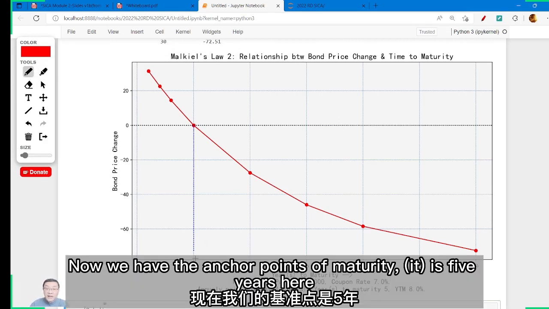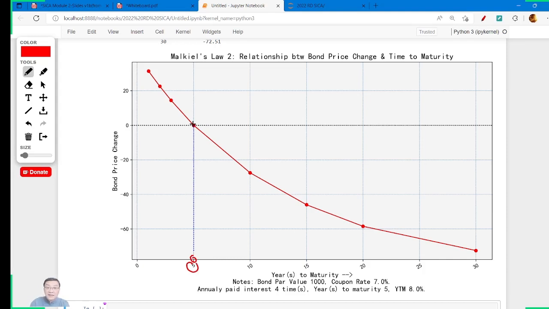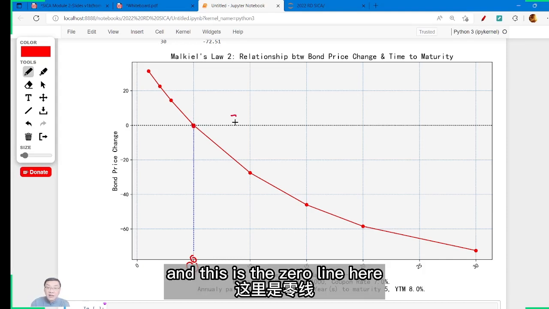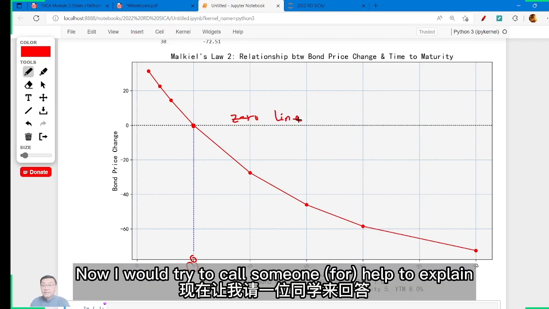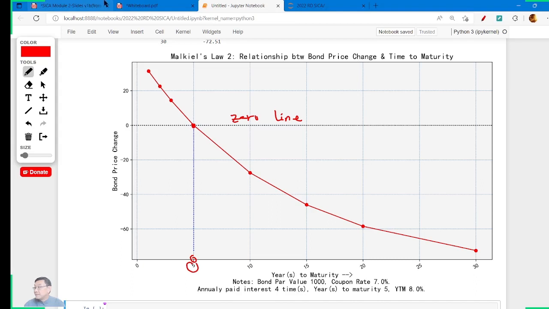Now we have the anchor point of maturity at 5 years here. It's 5 years here, and this is the zero line here. Now I'll try to call someone to help explain. What about Liu Zhe?